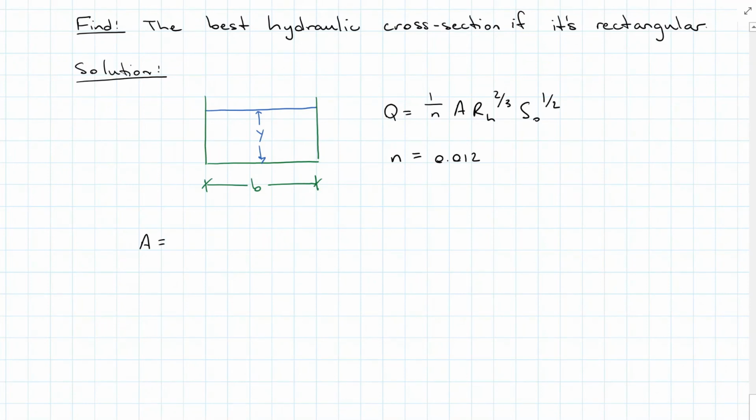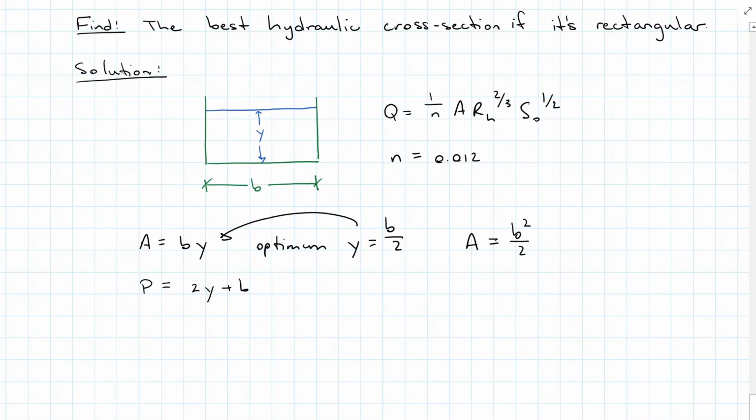My area is going to be base times height, and we know that the optimum height for a rectangle, y, is b divided by 2. So if I plug that back in here, my area then becomes b squared divided by 2. My wetted perimeter is going to be 2y plus b, again plugging in that optimum height.